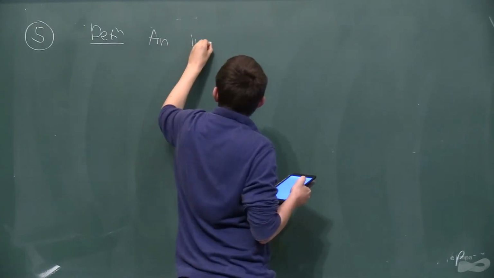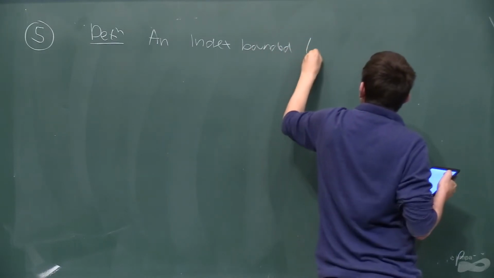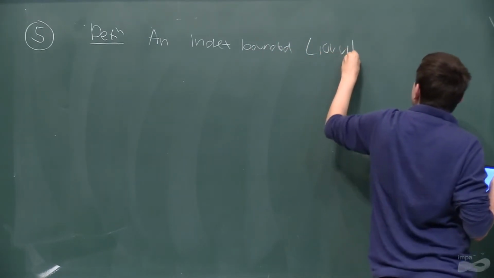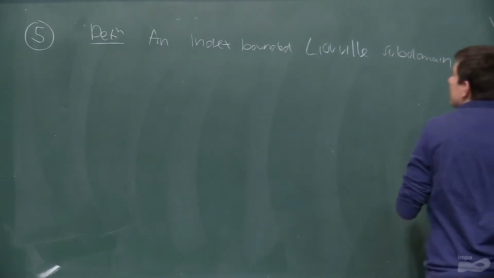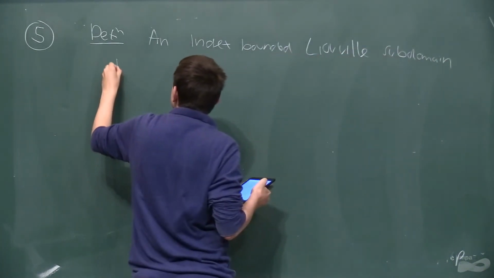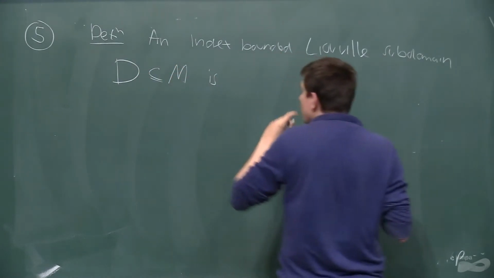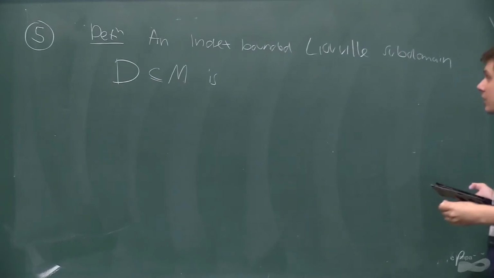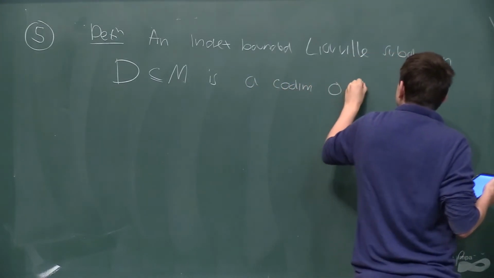An index-bounded Liouville subdomain D inside M is, well, a codimension 0 Liouville subdomain.